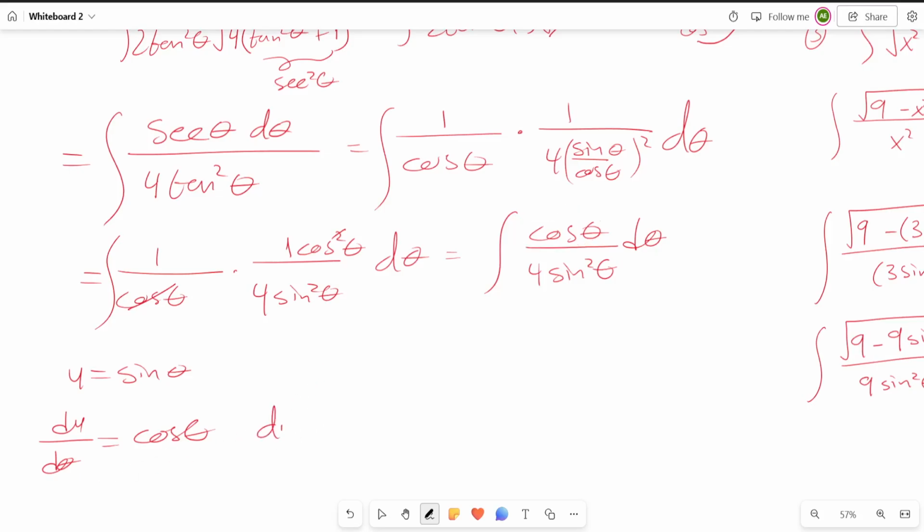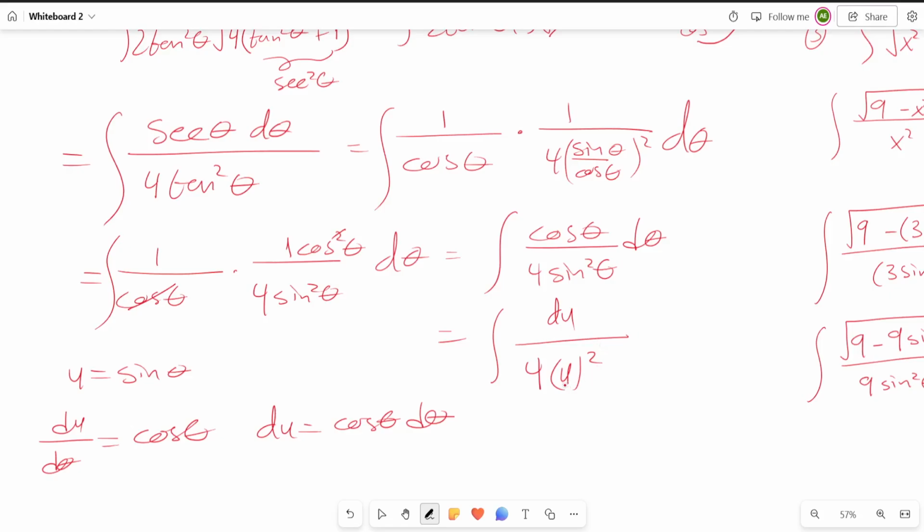So I know that du is going to equal cosine theta d theta, right? So I can rewrite this as integration of, okay, cosine theta times d theta is basically du. So this becomes du over 4. Sine theta is u, so sine squared theta is basically u to the power of 2.